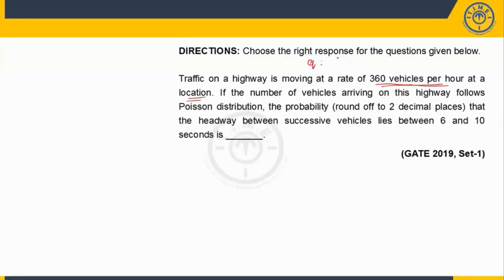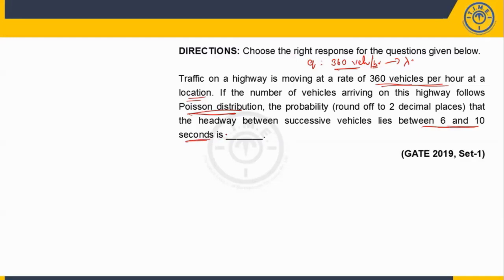Q is given to you: 360 vehicles per hour. Okay. If the number of vehicles arriving on this highway follows Poisson's distribution, you can also write Q as lambda. The probability that headway between two successive vehicles lies between 6 and 10 seconds. That is, he is asking time headway.